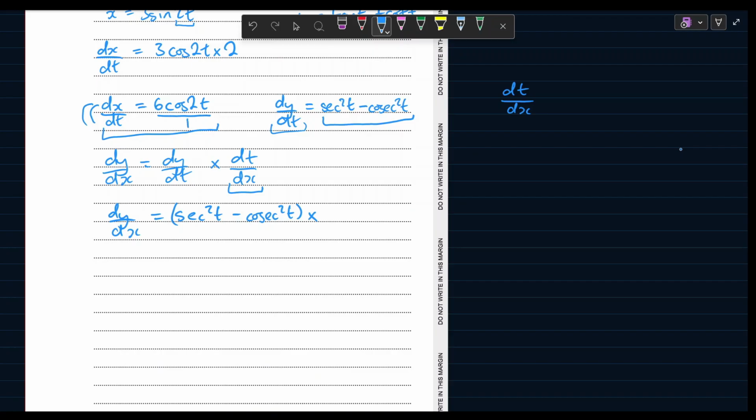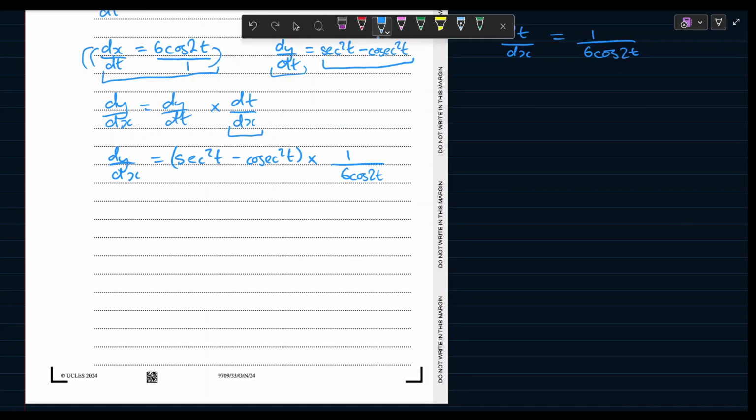Remember that this is just the same as dividing by 1. So if we flip it, the 1 comes to the numerator, and we've got 1 over 6 cos 2t. So dy/dx is equal to that sec squared t minus cosec squared t, over 6 cos 2t. Okay, so for now, let's just focus on our numerator.